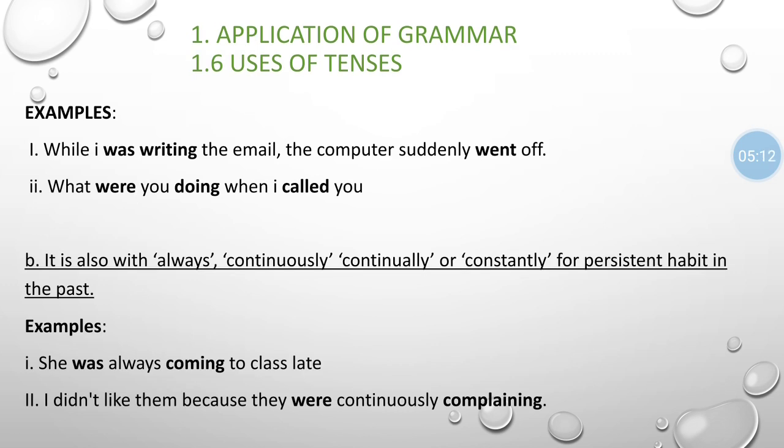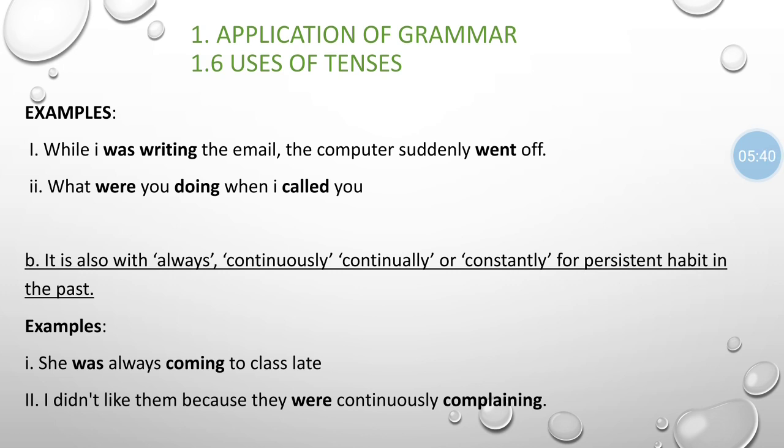While I was writing the mail, the computer suddenly went off. In this sentence, was writing, past continuous tense is used, okay, and then simple past is used. As we know, the continuous action is happening first, and then the simple past action, that is, the computer suddenly went off.